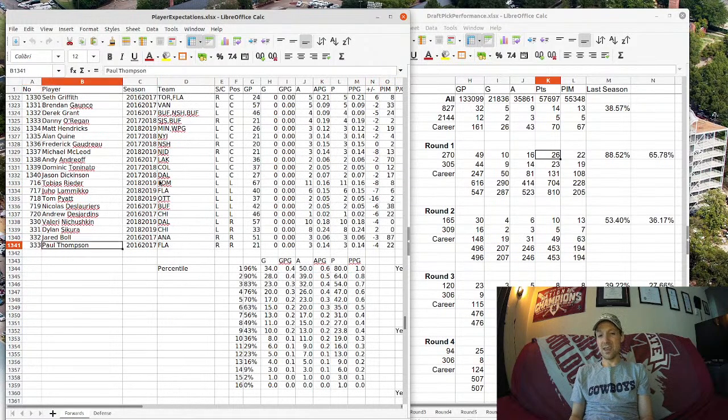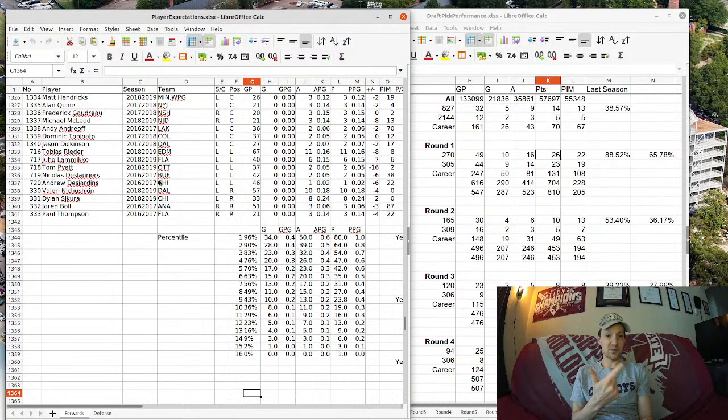The reason why I'm going directly to forwards is, if you're drafting a player, although you can pick defensemen, goalies, forwards, really what you're trying to look for is a high-end offensive producing player.